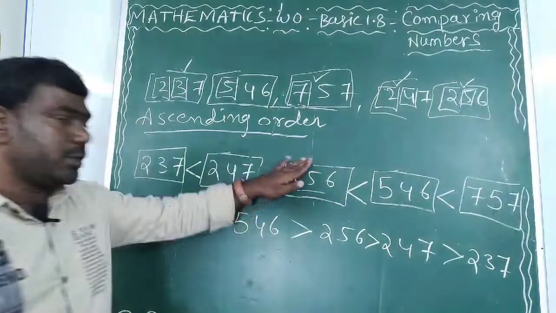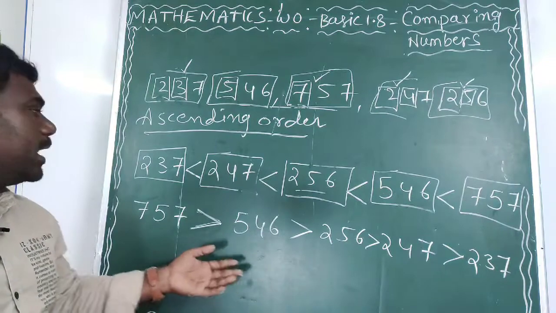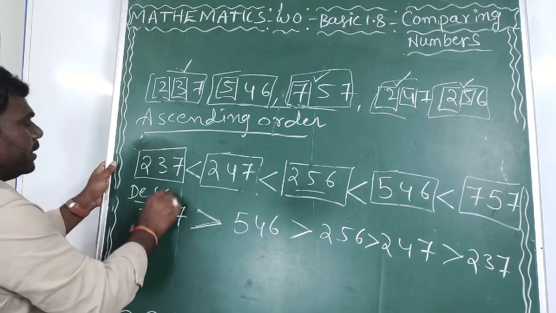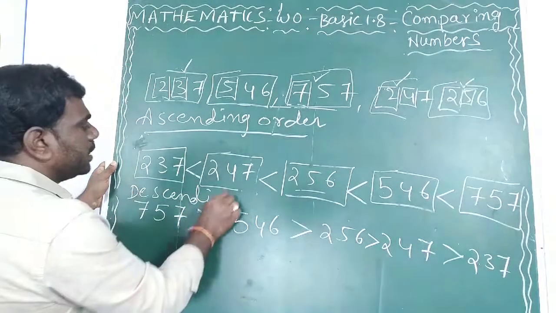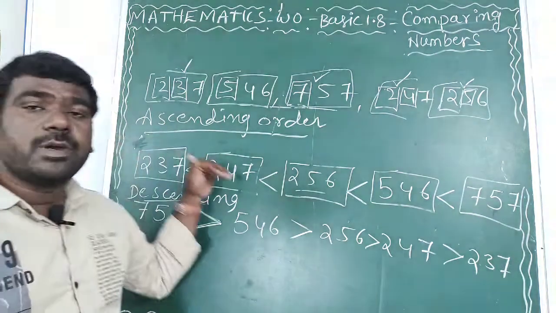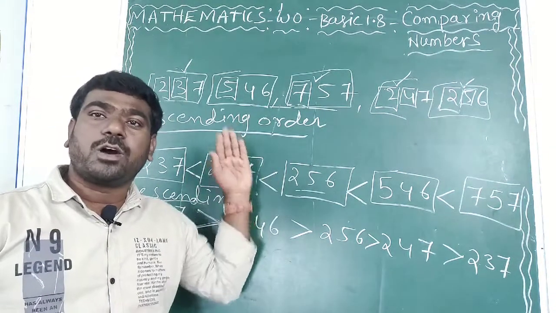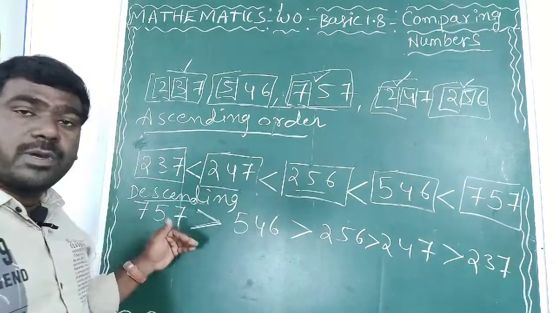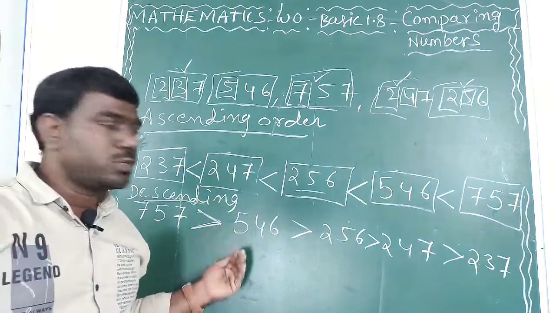If you observe these two, ascending order and descending order, this is ascending order, this is descending order. So ascending order means the numbers arranged from smallest to biggest number. Descending order means the numbers arranged from biggest to smallest number.